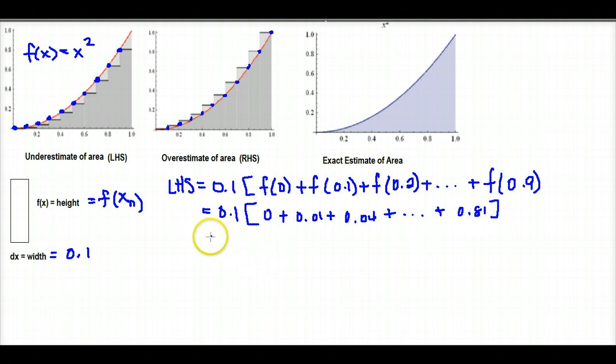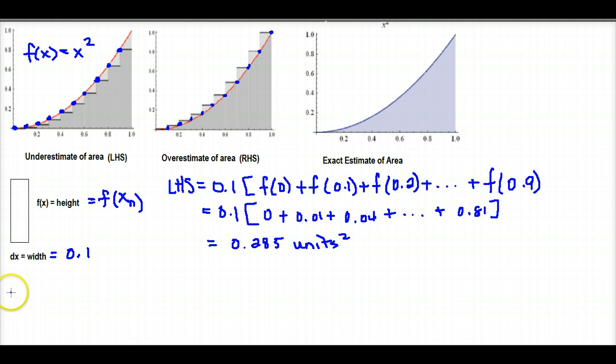Now, if we went on and added that up, you would find that we would get 0.285. And since we don't really have any units here, we're just going to say that this is 0.285 square units, whatever that might be. And so this gives us an underestimate of the area under the curve.